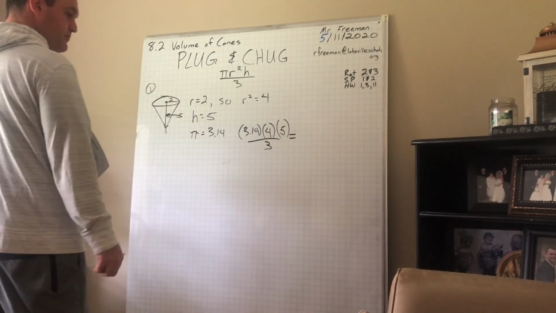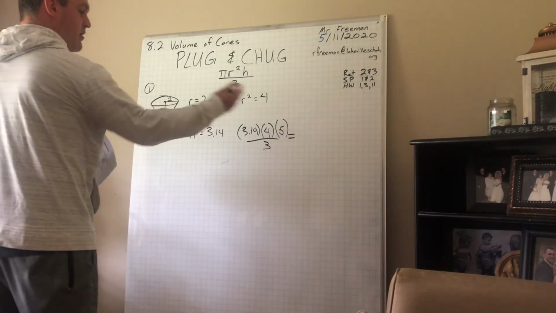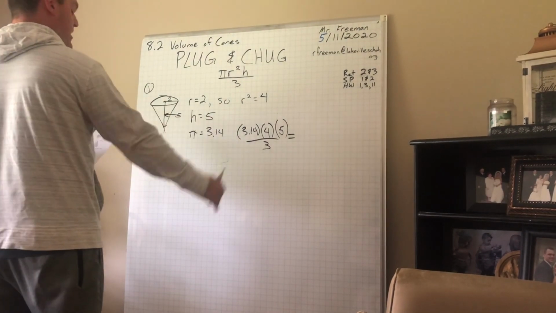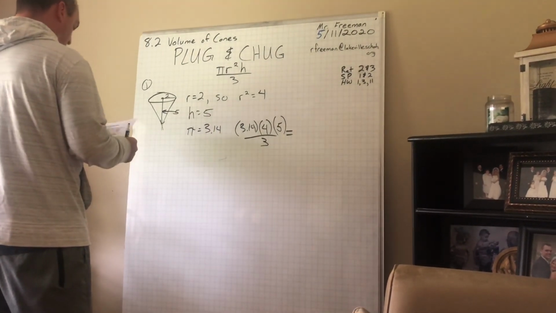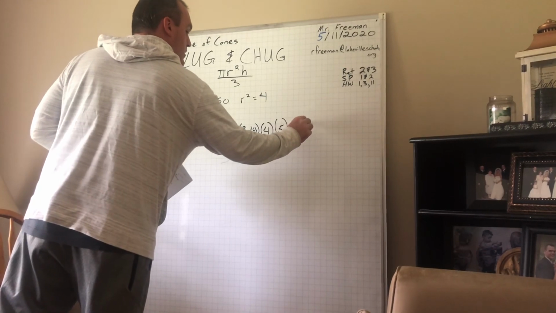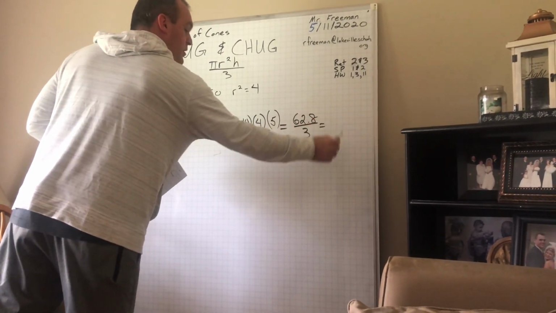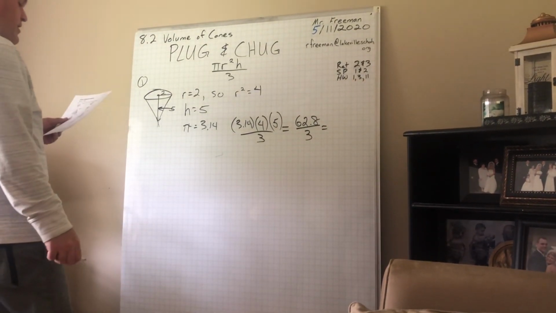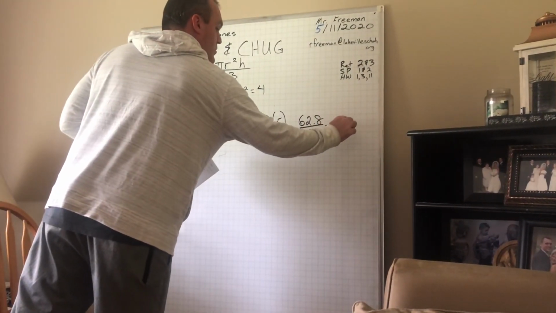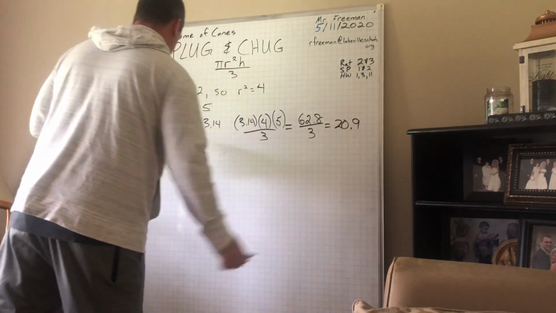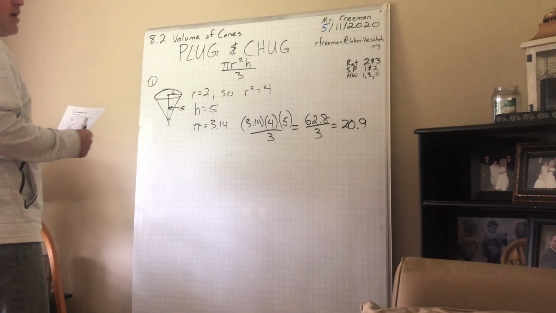If you use your calculator, you plug those in, you multiply that out. The top part of that is going to be 62.8. And we're going to divide that by 3, remember. When you divide that by 3, you're going to get roughly 20.9 for your volume.